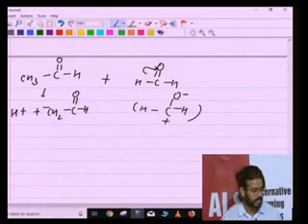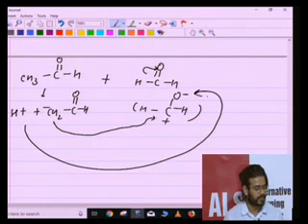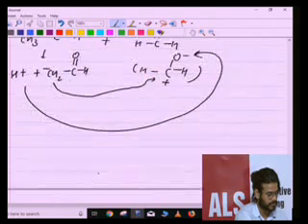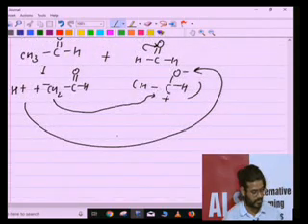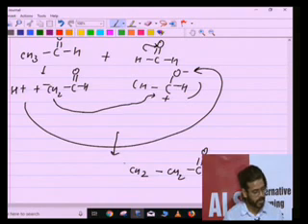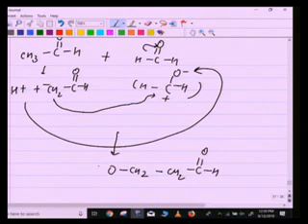Just join this negative with the positive, and this positive with this negative. So the product formed here, if I consider this molecule, the one with no alpha hydrogen, as a base, is CH2 and now CH2 C double bond O H and one OH group is present here. So it's CH2 CHO, which is the final product.